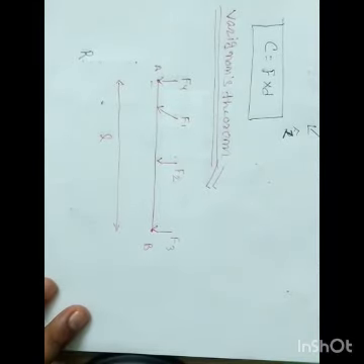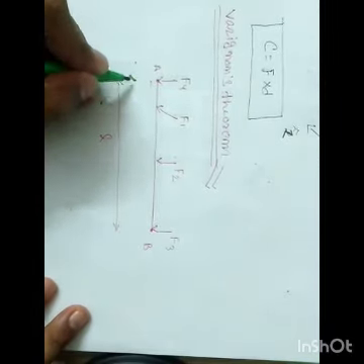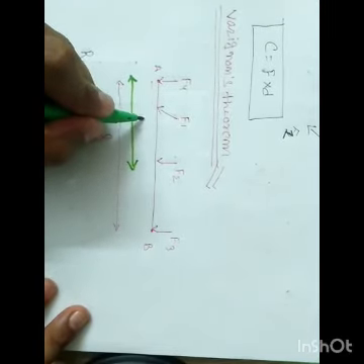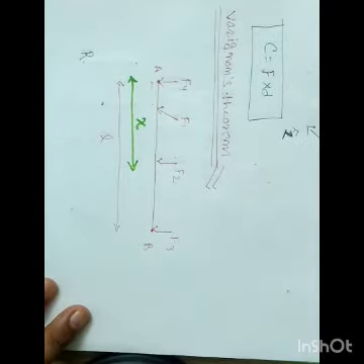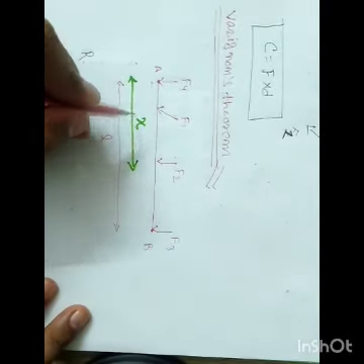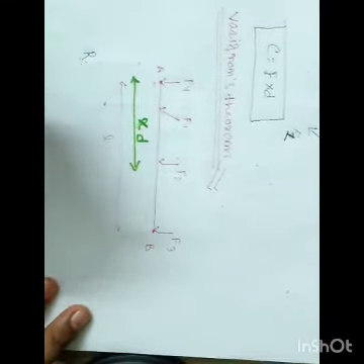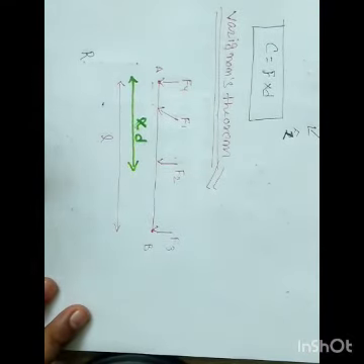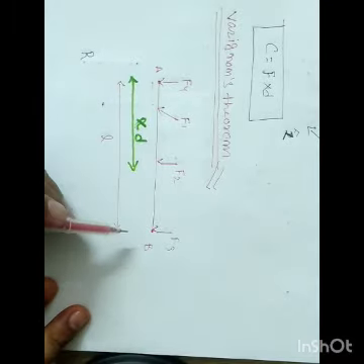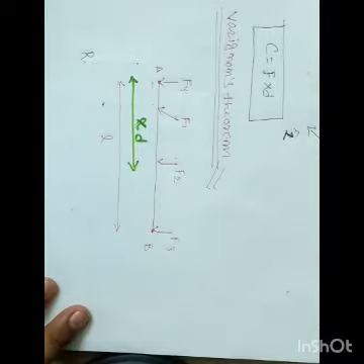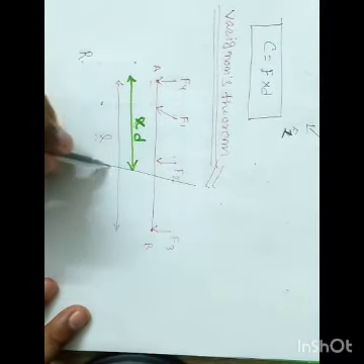Let us consider the resultant is at a distance of x naught, or d, from A. You can consider from B also, there is no restriction. So I am considering that the resultant is at a distance of d from A.